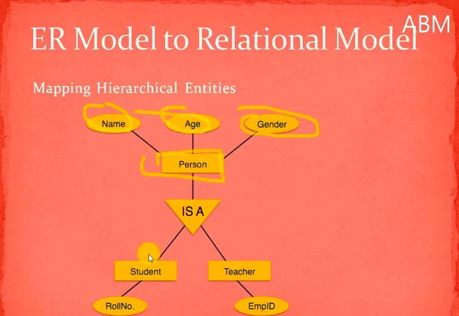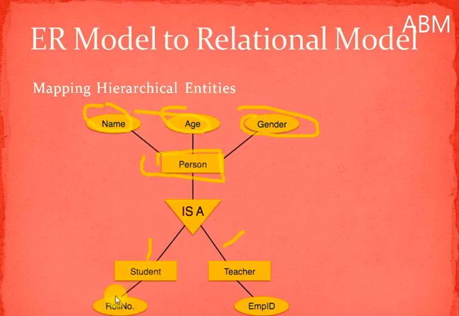And the student and teacher are its specialization. Student and teacher are specialized forms of a person. When these are inherited from the person, it means that every attribute of the person is also inherited.